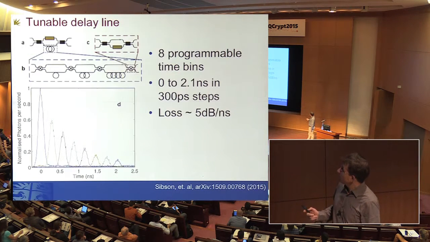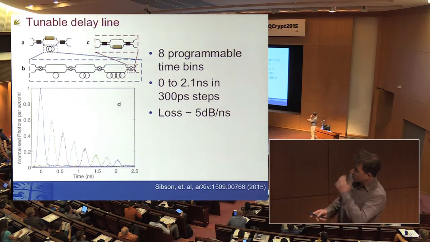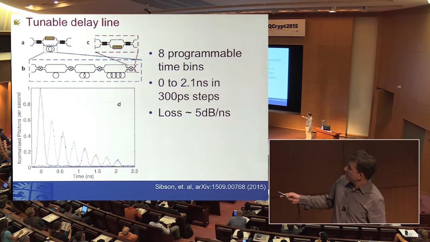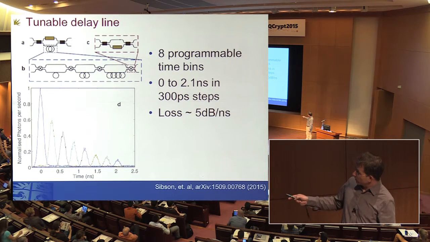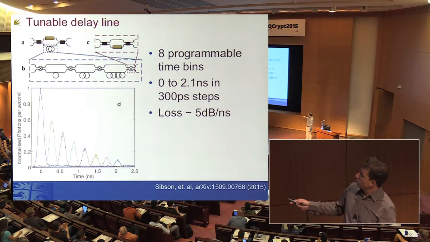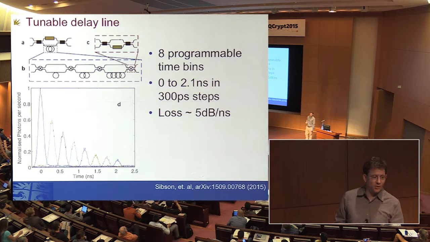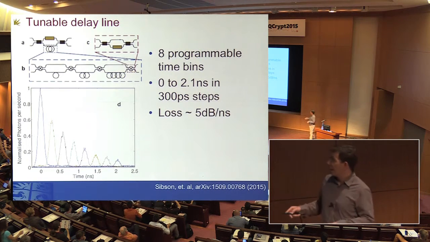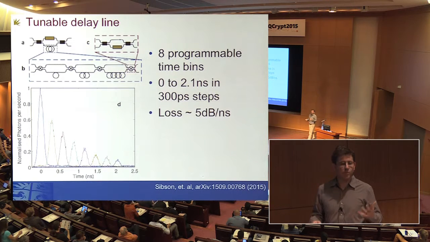Just to give you a little bit more detail on what the tunable delay line looks like, effectively we have 3 Mach-Zehnder interferometers with 1, 2, and 4 long delays on that. And by reconfiguring those Mach-Zehnder interferometers, we can switch in and out different delay lines, and that allows us to have 8 separate time bins.